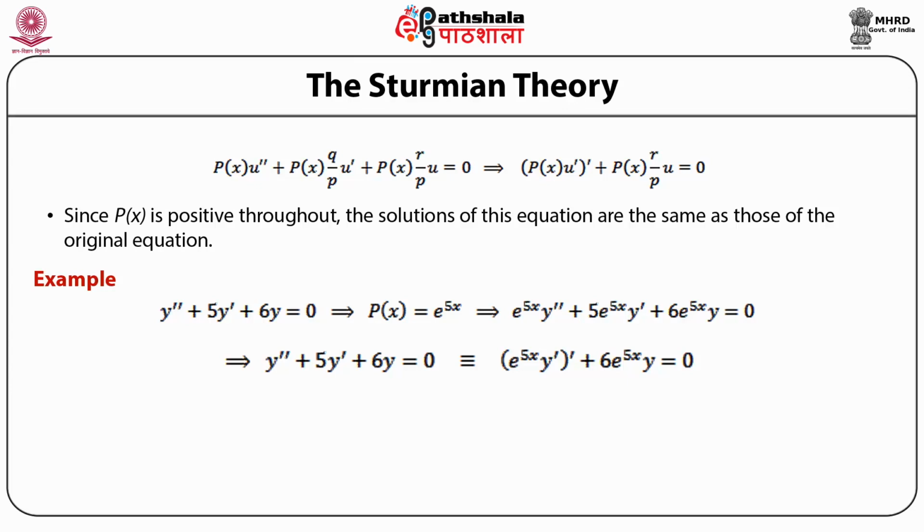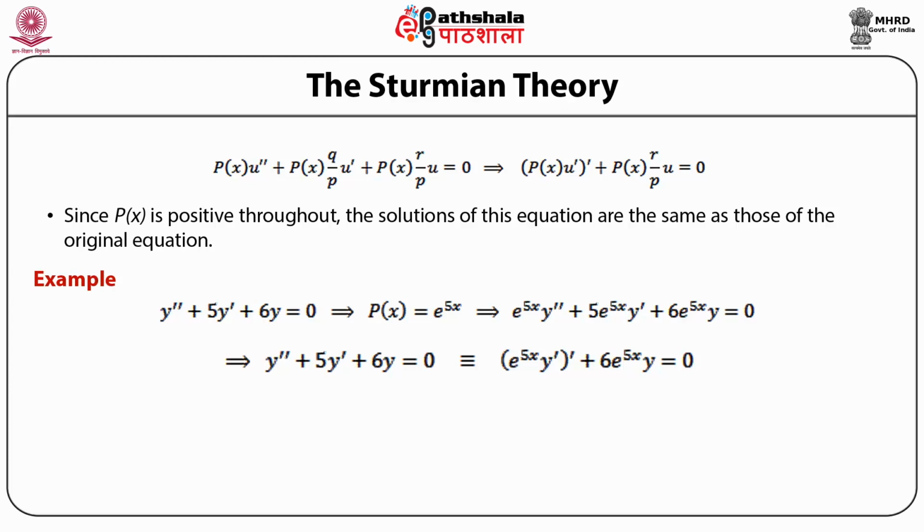The equation can also be expressed as (e raised to the power 5x into y prime) prime plus 6 e raised to the power 5x into y is equal to 0.